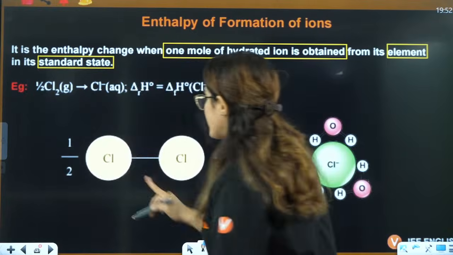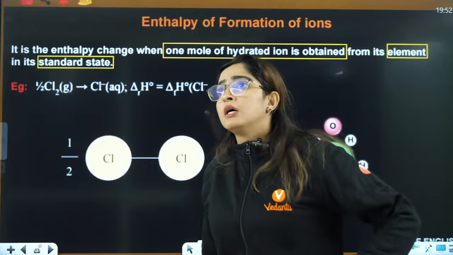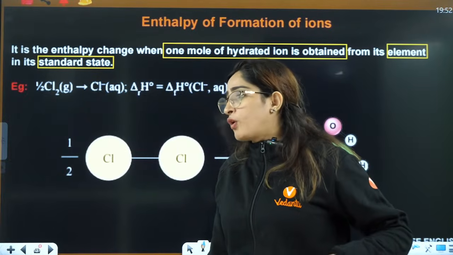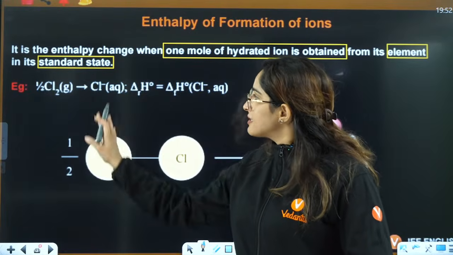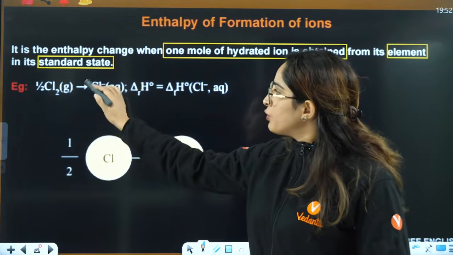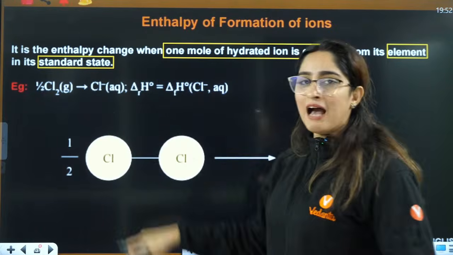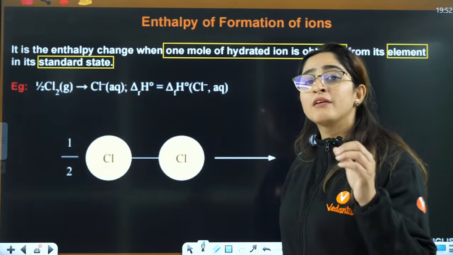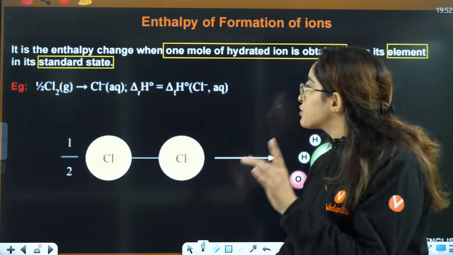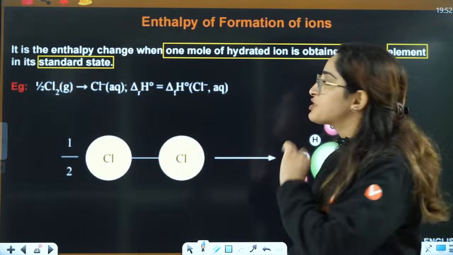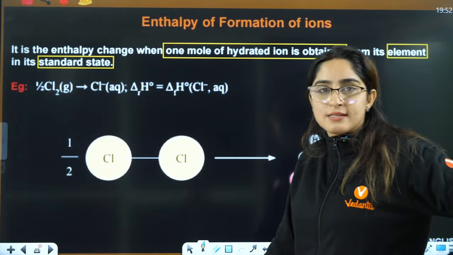So Cl2 is in the standard state, like Cl2, O2, H2, all these are standard states. So when it is in the standard state, and you break it into Cl negative aqueous, when you have the hydrated ionic form, in the aqueous form, that is called the enthalpy of formation of ions. Here we are forming the ions.